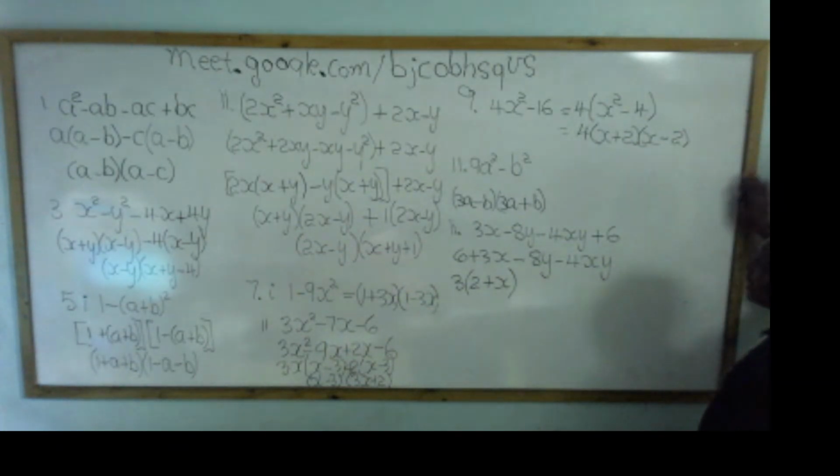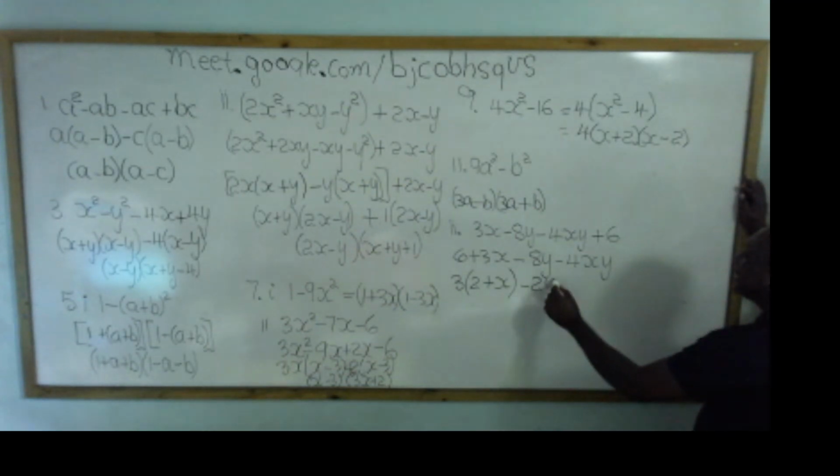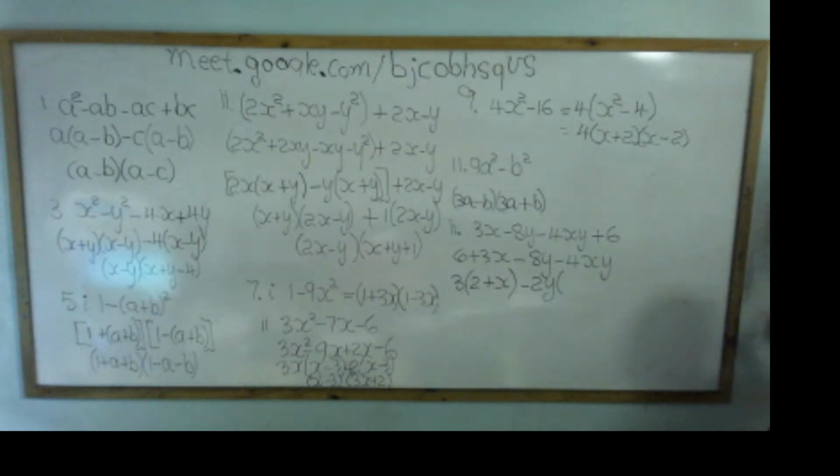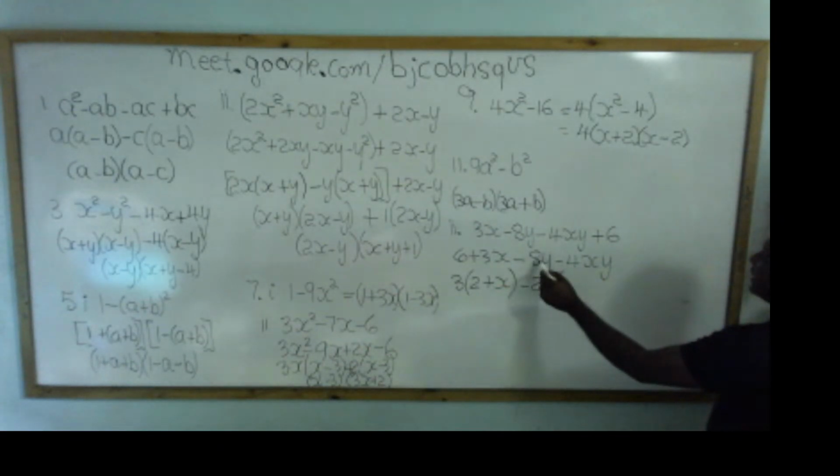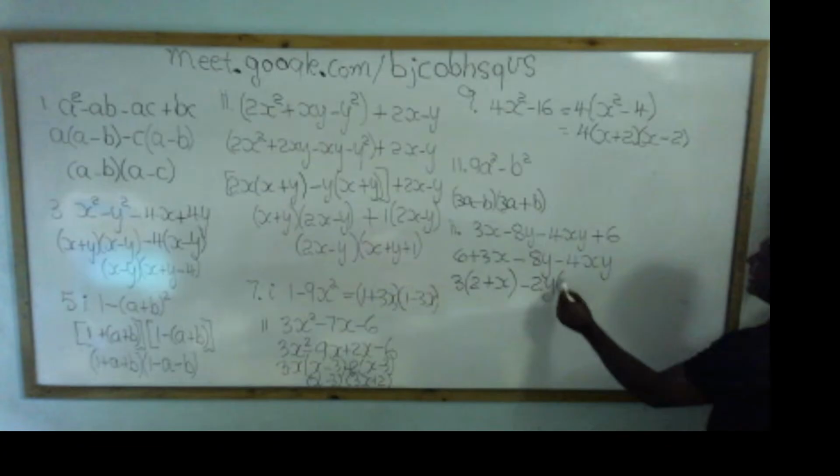Of course, your common factor here will be negative 2y. And what do you say? 2 into 8 is 2, and the y's will go away. That's not it. 2 into 8 is 4.